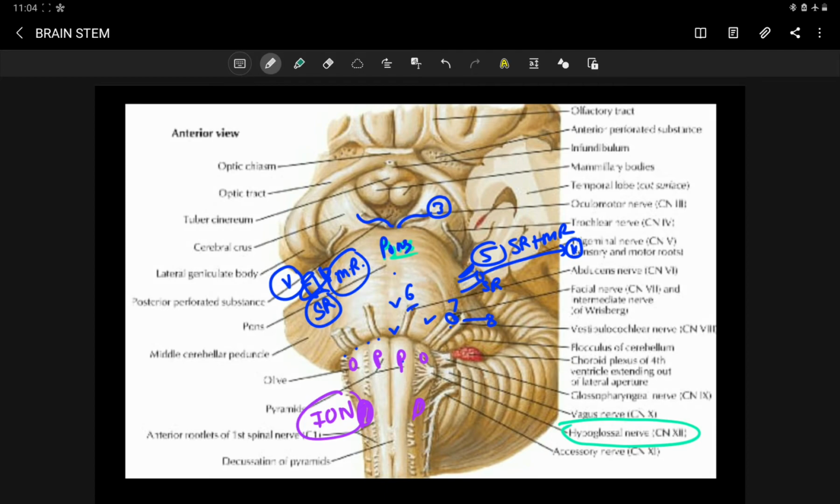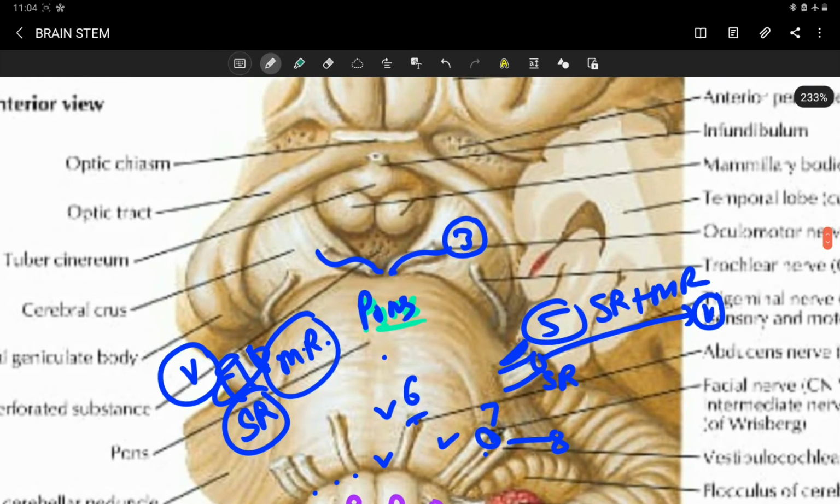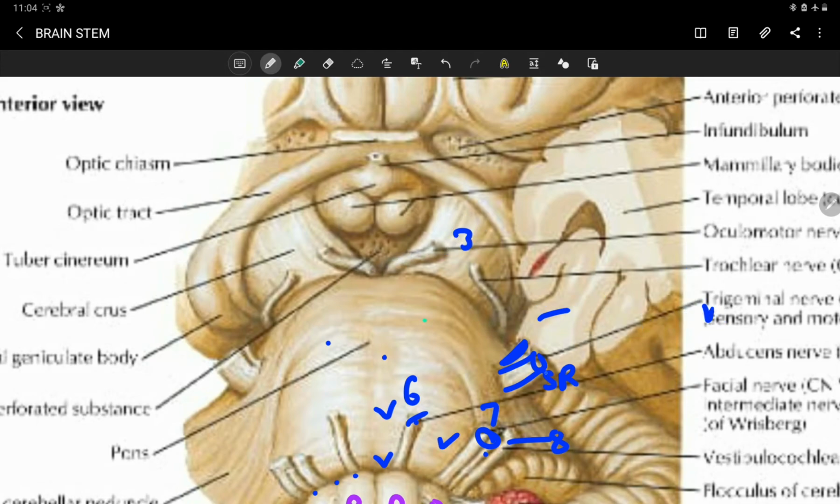And now let's talk about the midbrain. In the midbrain, you can see the cerebral peduncle. You can see two cerebral peduncles here at the midbrain region. I am erasing the pons and everything else.